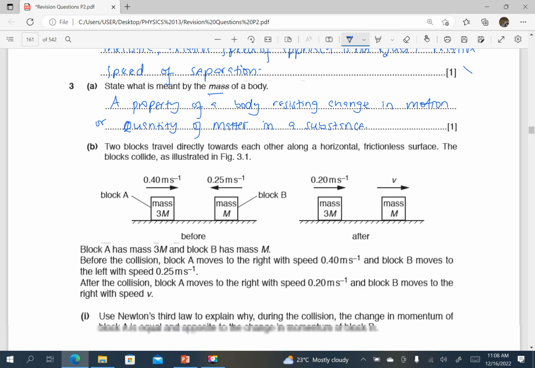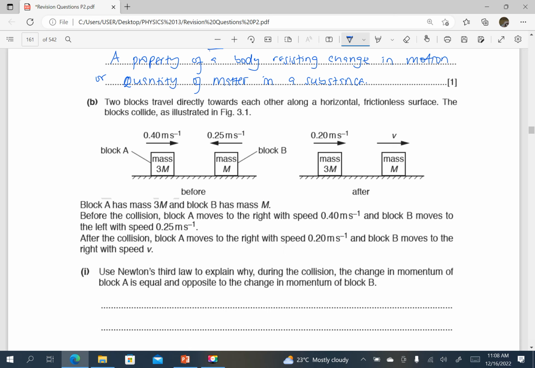That is mass. Two blocks travel directly towards each other along a horizontal frictionless surface. The blocks collide as illustrated here. We can say velocities to the right are positive, to the left negative.